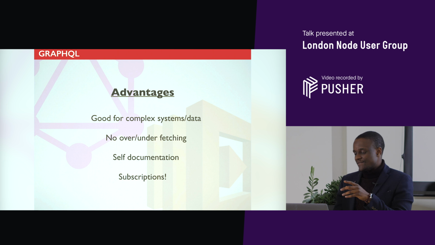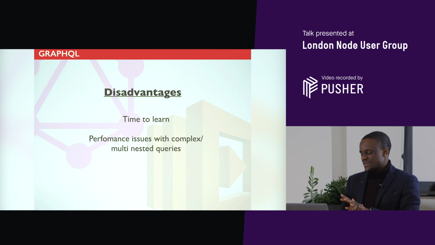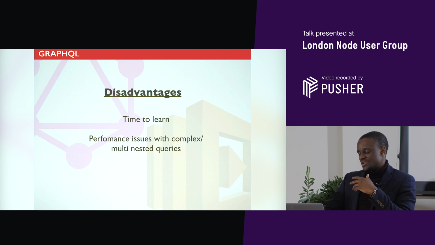So there are many advantages to it, and obviously there are disadvantages, like the time to learn. This is a different paradigm to REST, so you need time to learn it. And there are performance issues when you have complex, multi-nested queries. Now they've implemented things like a data loader, because sometimes you can end up making multiple requests, which brings down your performance.